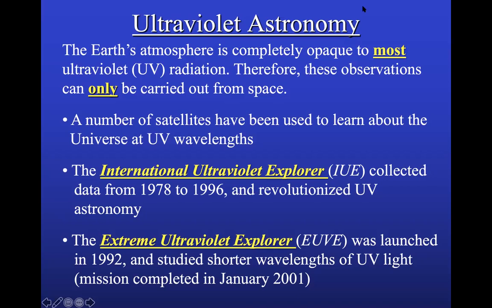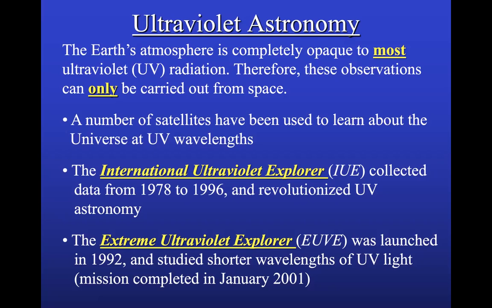Right. Now let me go into the others. We have talked about infrared astronomy and radio astronomy, and this is another division of astronomy which we call ultraviolet astronomy, right?